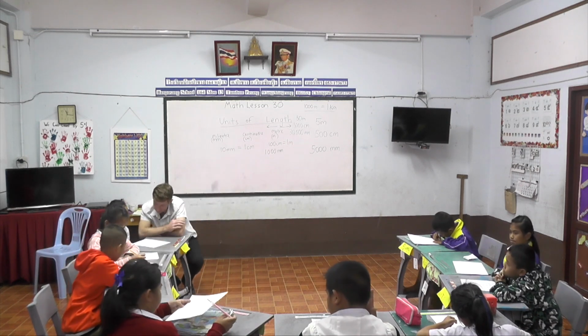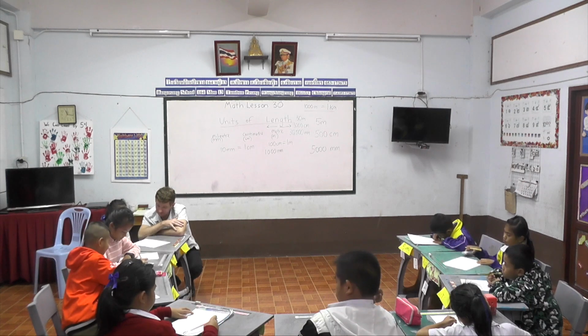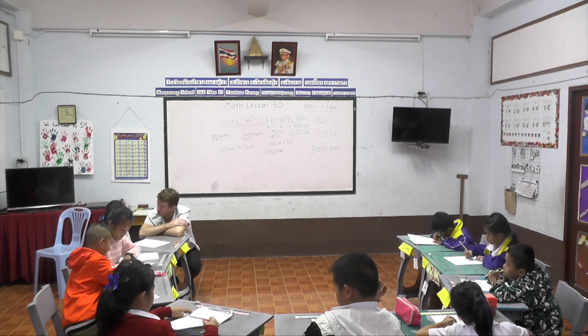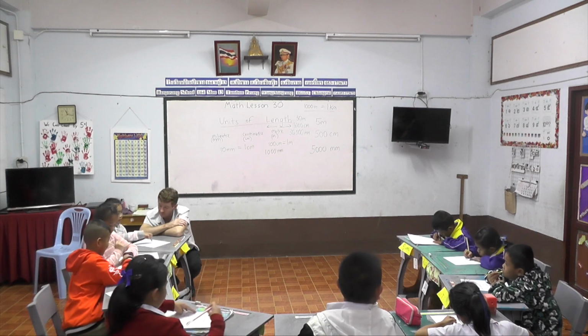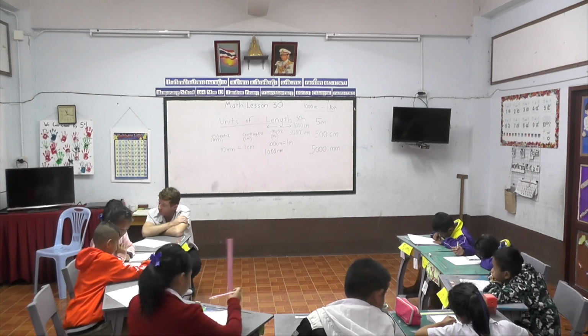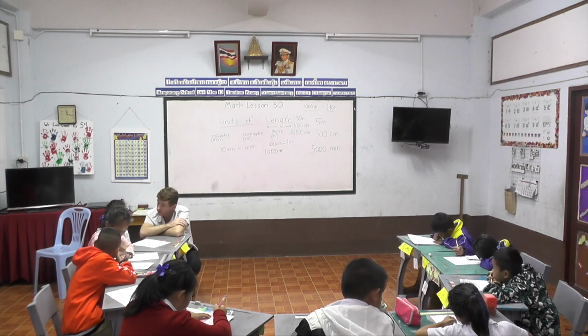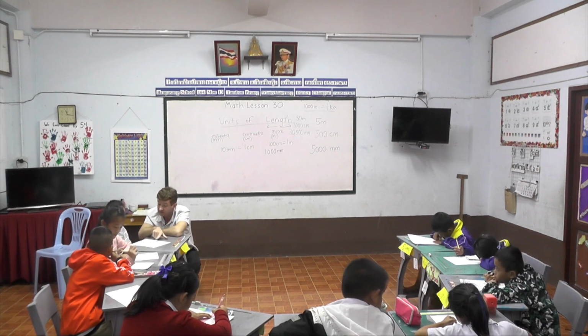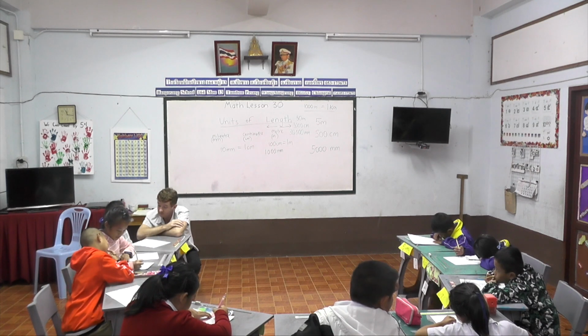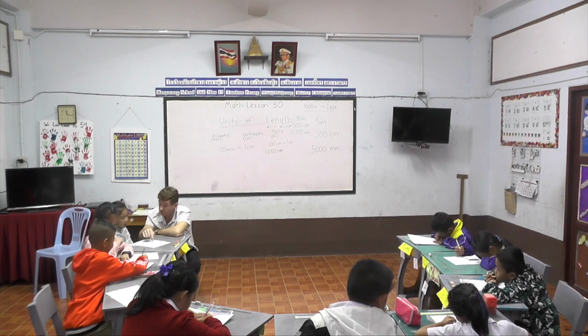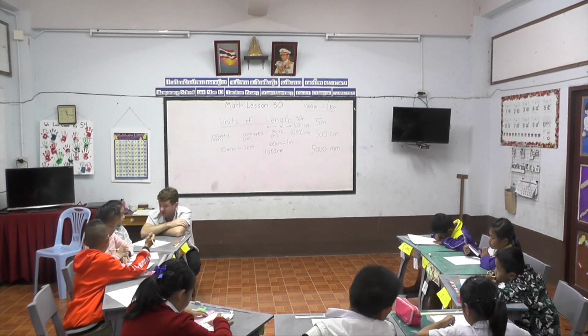Nadia, which one will you look at? Which one do you like the most? This one. So how many centimeters? 100 centimeters is 1 meter. So not 10. So you were right.